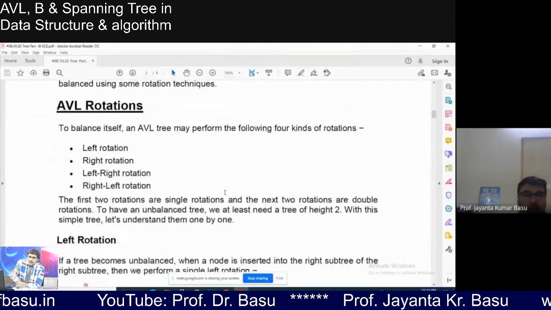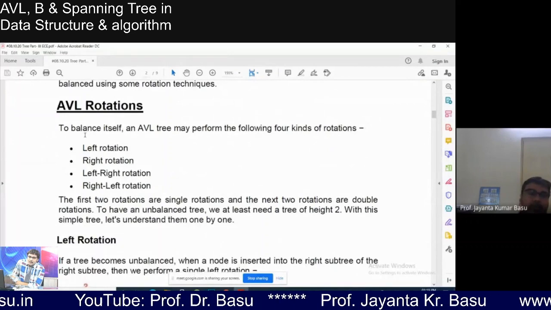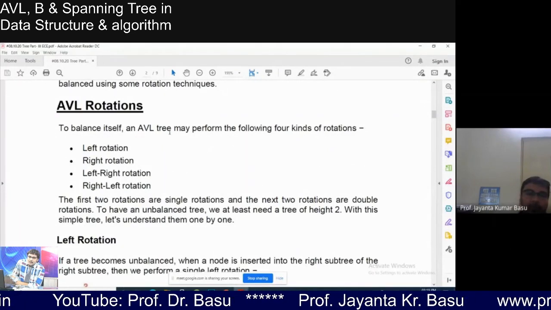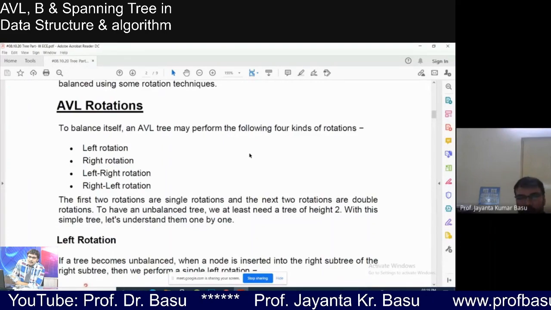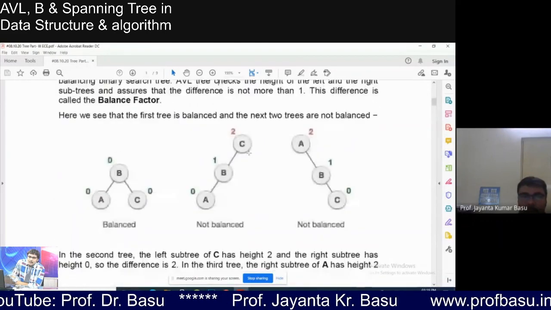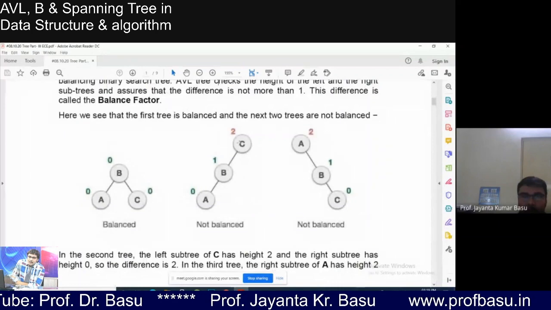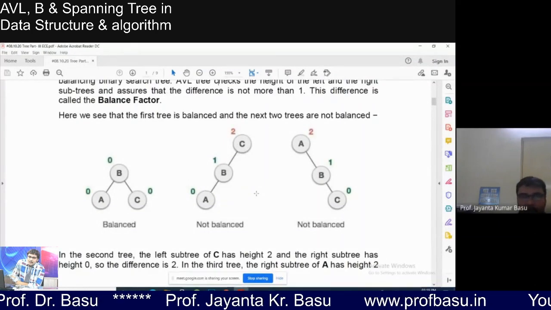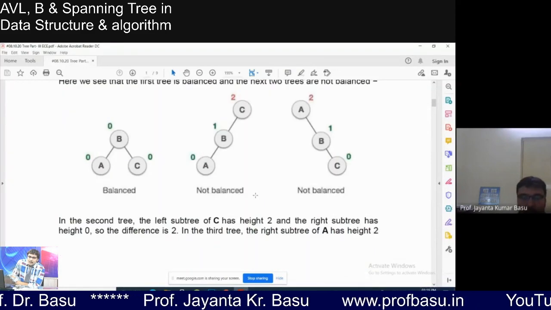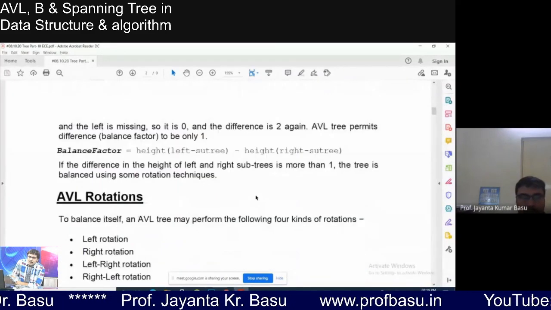Now, AVL tree. To balance itself, an AVL tree may perform the following 4 kinds of rotation. I told you that if we get any tree as not balanced, we have to make it balanced. So there are some rules, some techniques to balance it.